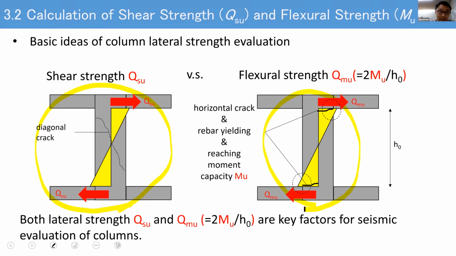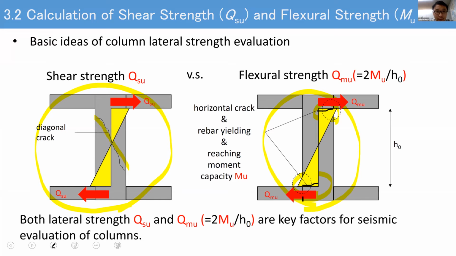Shear failing column will have a diagonal shear crack in the center of column, and flexural failing column will have a horizontal crack and rebar yielding on both edges of column. Both failure patterns have corresponding strengths.